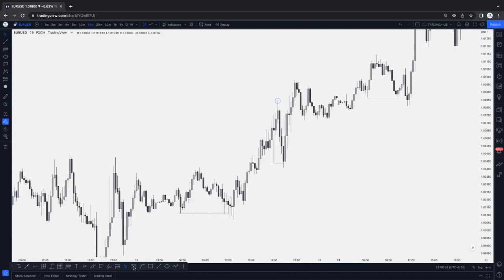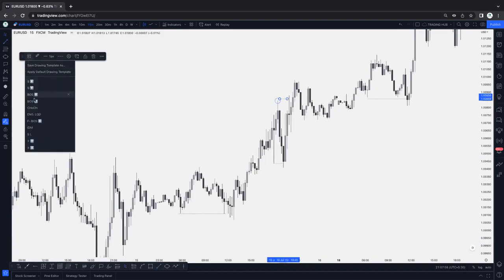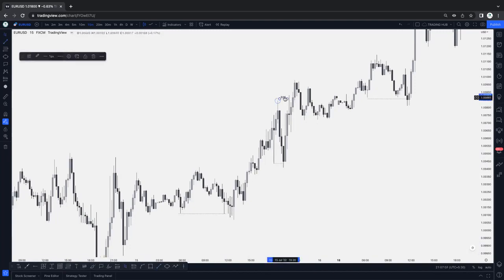Okay, so the structure is here because the market took out the previous low, and this becomes your BOS, and again the market breaks the structure here and closes above it. At this point, I think the market creates equal highs. Okay, a minor sweep.